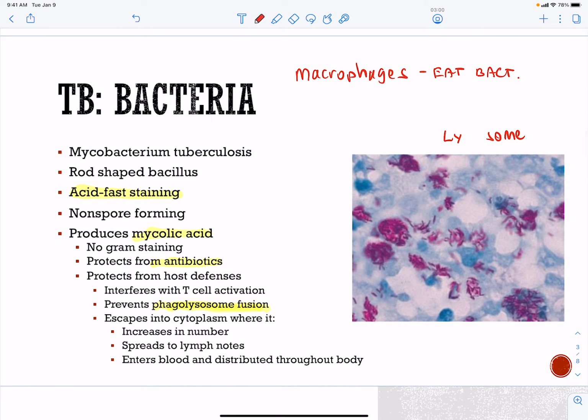This is a compartment in your macrophage, and typically they will merge. And then the lysosome enzymes can digest the bacteria. But this does not occur in Mycobacterium tuberculosis due to mycolic acid. It does not allow that merger. And so basically your bacteria survive.